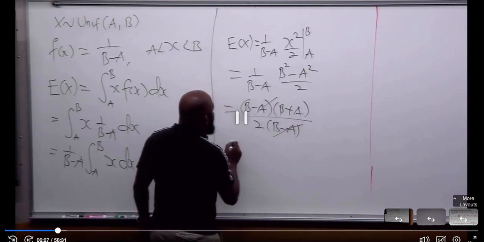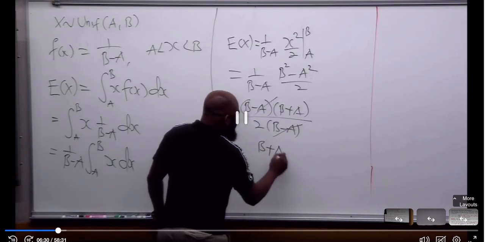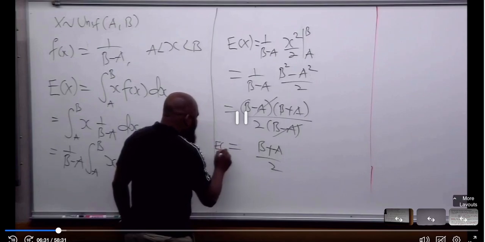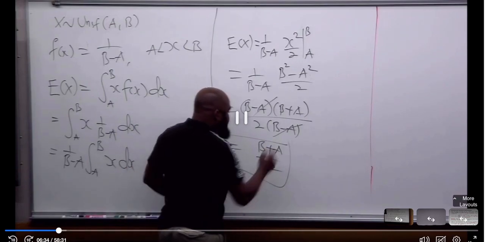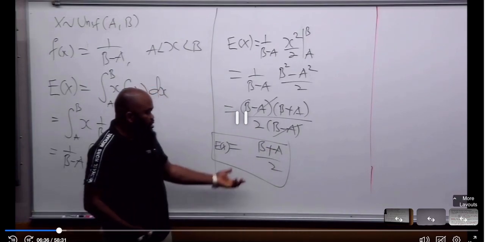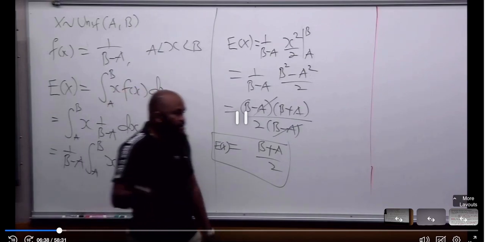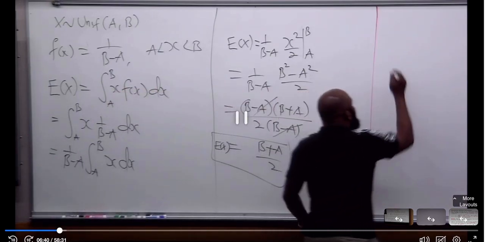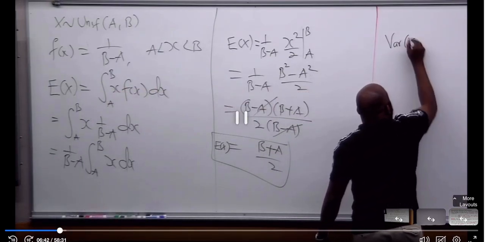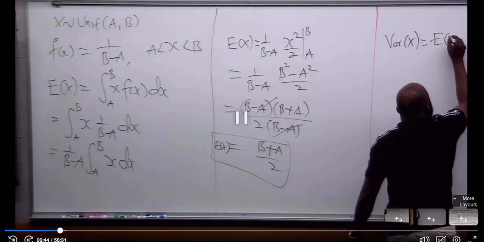So that is how we derive the mean, which is equal to B plus A over 2.